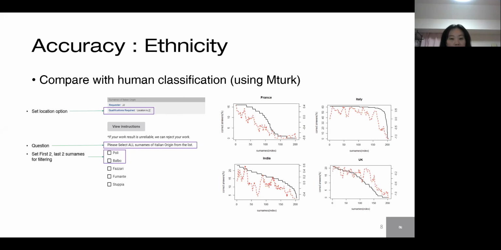So, to confirm this, we decided to examine randomly chosen surnames from the Orbis dataset and compare them with the classification result from humans.